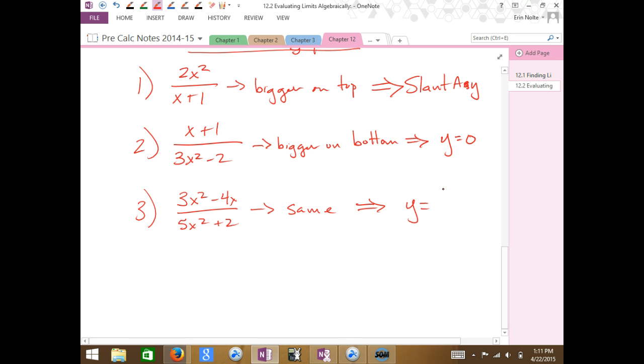No? I'll tell you, 3/5. Where did I get 3/5 from? The values that are in front of the x squareds. See how there's 3x squareds and 5x squareds? That's what causes your horizontal asymptote to be at that value. That makes sense?